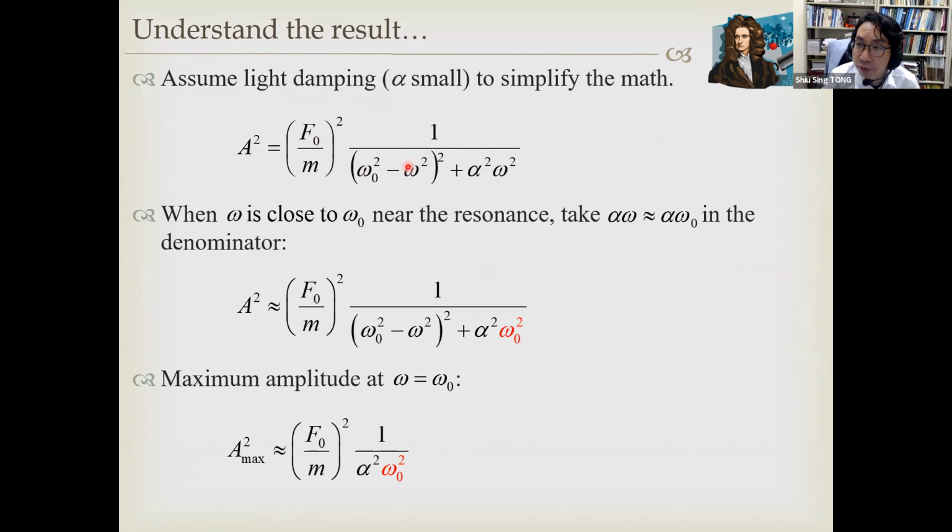Now we want to simplify the math a little bit, because actually the expression here is quite clumsy, especially the omega dependence. So we want to restrict ourselves to small damping alpha.